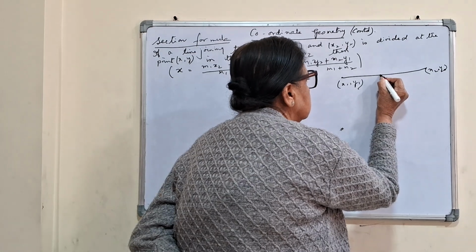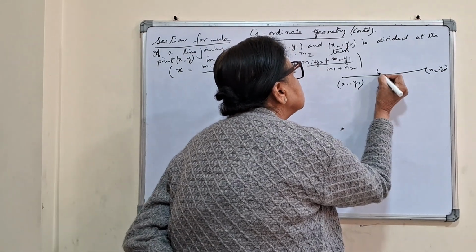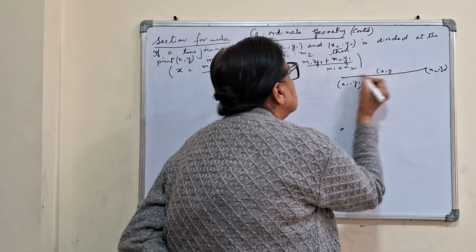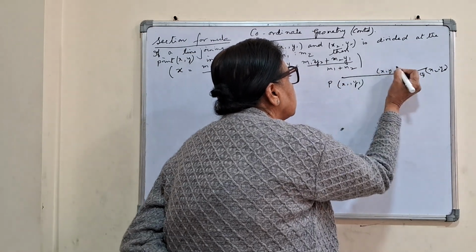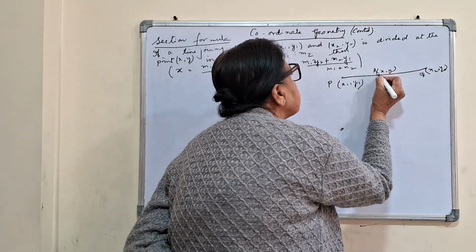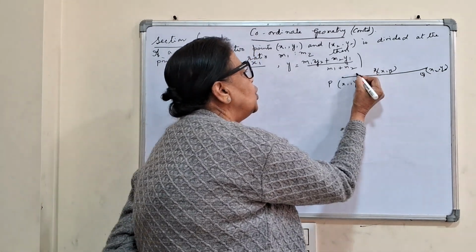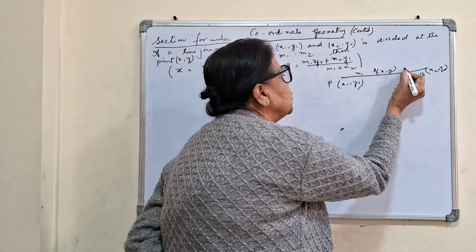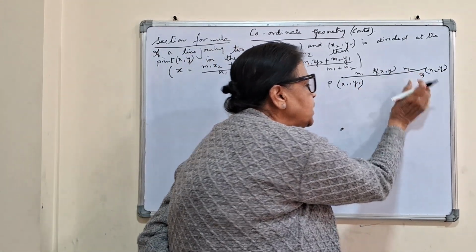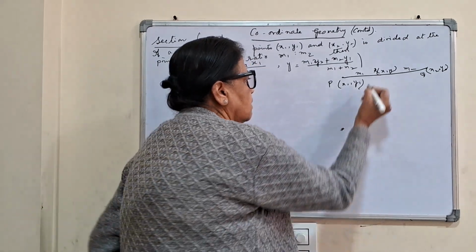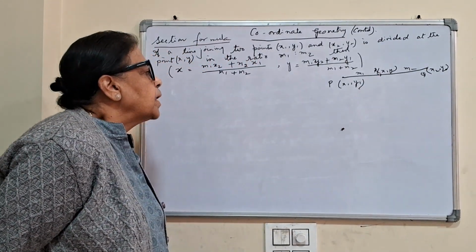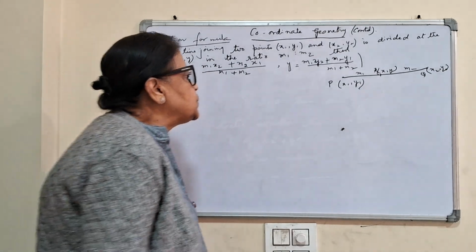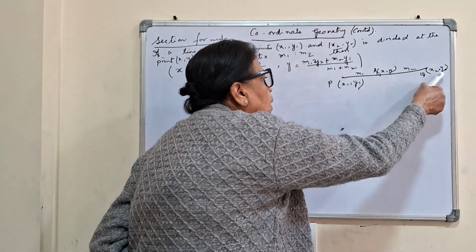At the point here, suppose that is x, y, this is P, Q, then this is R. So in the ratio m1, m2. Ratio means I have divided it here. So the coordinate of this point is given with the help of these two.